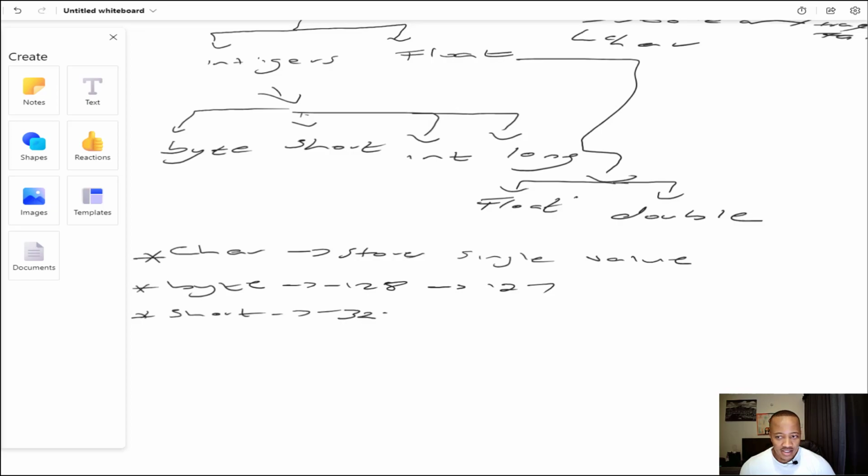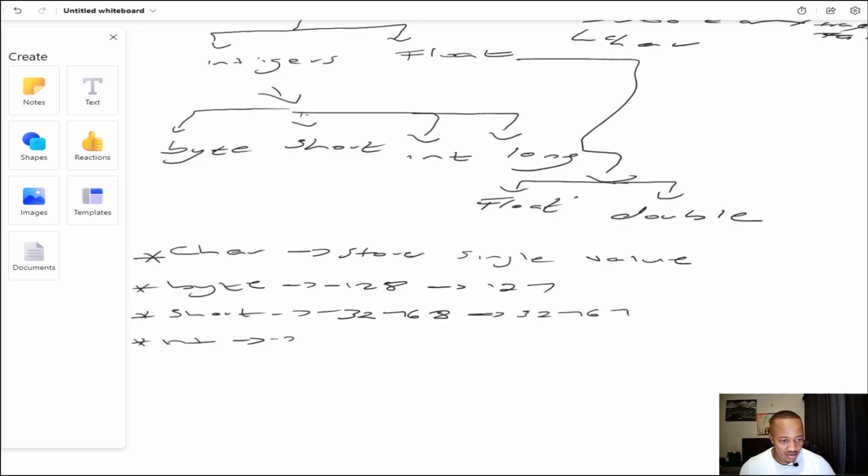Then you have your short, from -32,768 to 32,767. Okay, then you have your integer, which is int. This one is a bit bigger. It holds up to 2 billion.